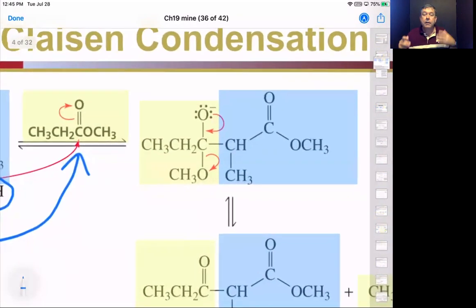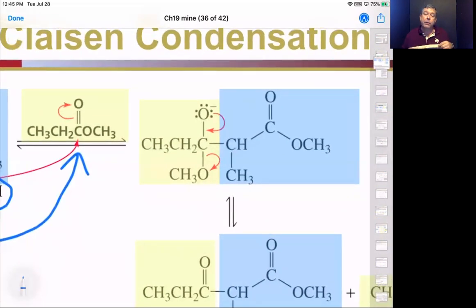Just like before, when we were reacting aldehydes and ketones, we didn't have a very good leaving group. In this case, we do have a good leaving group. We have the anion on the carbonyl oxygen coming in, recreating our carbonyl, and these electrons are going to leave with the alcohol to regenerate our methoxide ion.